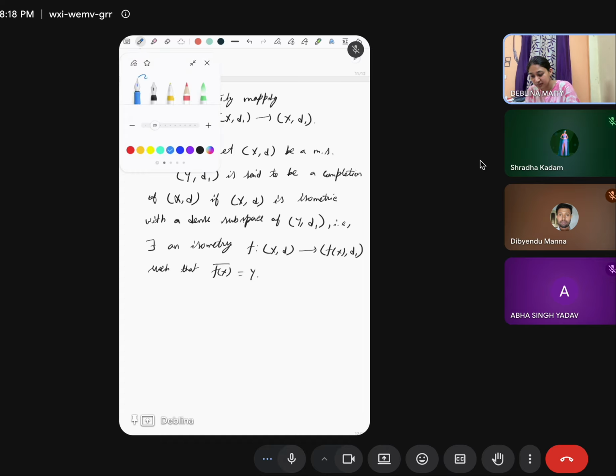So what does this actually mean? Suppose this is our X, this is X with d, right?